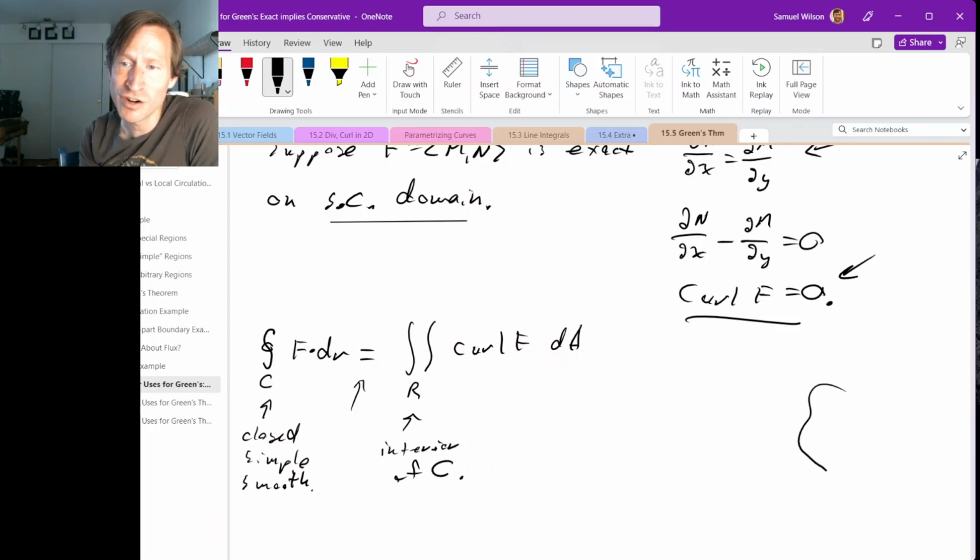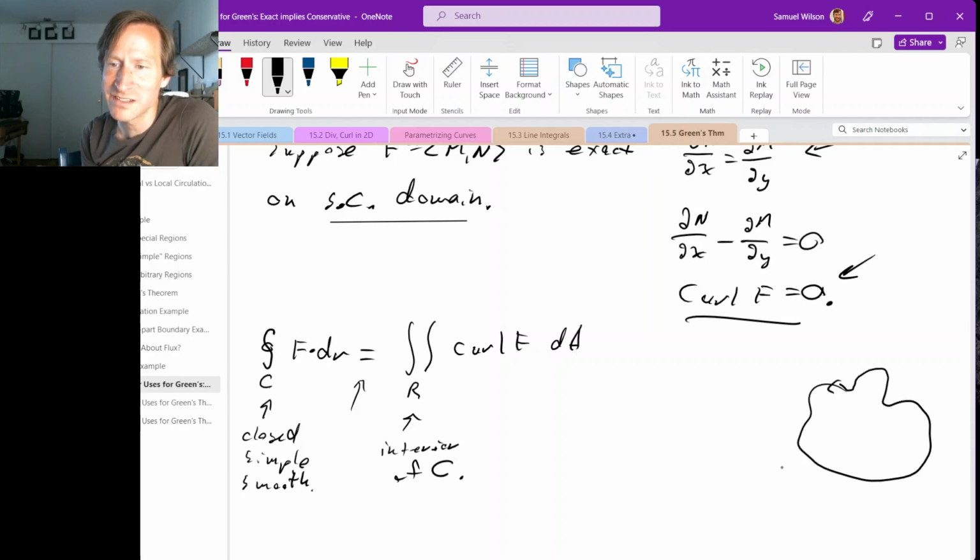So our curve is some closed simple curve like this. If there were a hole in the domain, we wouldn't necessarily be able to do a double integral over this region. But by assuming our domain is simply connected, we can know for sure that there aren't any holes inside of this interior region, and so this double integral is something that exists.